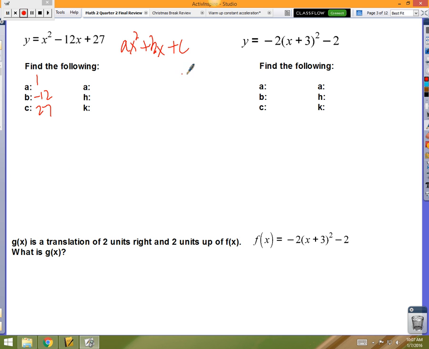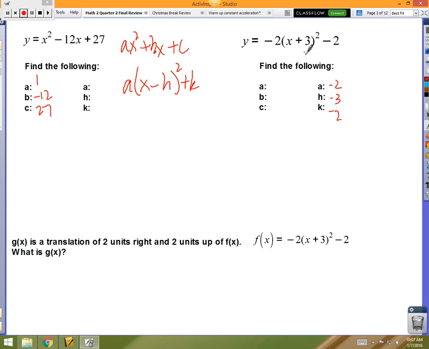And then the other version is vertex form, which is a x minus h squared plus k, which is the one on the right, is in vertex form. And the vertex form is easy to spot the AHK. So the a is a minus 2, the h is a minus 3, and the k is a minus 2.